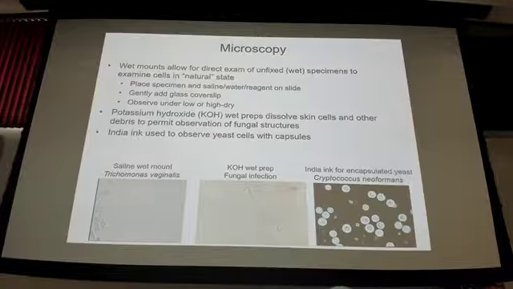And then we have some other stains we'll talk about briefly. There are many, many, many other stains we won't talk about at all, but these are useful and good to know about. Some of you may have already done this kind of microscopy, but wet mounts are very frequently done, very useful. For example, a very common type of wet mount is when you take like a vaginal specimen from somebody, a vaginal smear, put it on a slide.